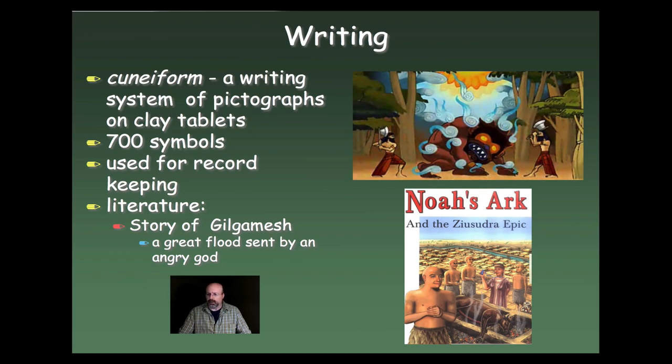Most people in the Judeo-Christian world are very familiar with the story of Noah's Ark because it's an Old Testament story. But that story is actually predated by the story of Gilgamesh. It's a very, very similar story. So there may be some connection between ancient Mesopotamian beliefs and what comes up later in both Judaism and Christianity.